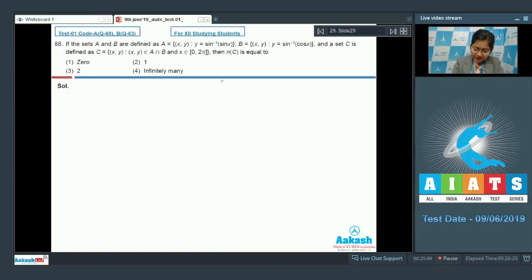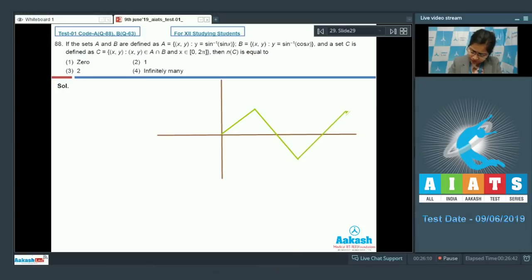To solve this, let's firstly draw the graph of y = sin inverse sin x. That will be like this, where this point is (π, 0) and this point is (2π, 0). So we have to talk about x going from 0 to 2π. Similarly, let's make the graph of the other function, y = sin inverse cos x.